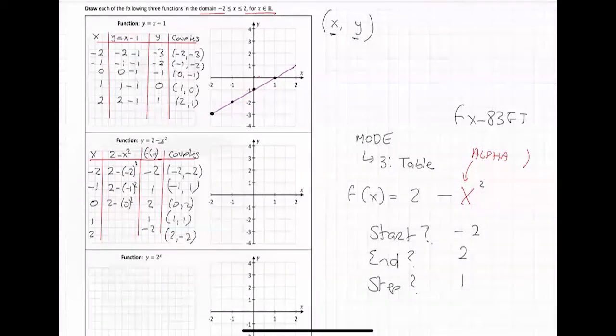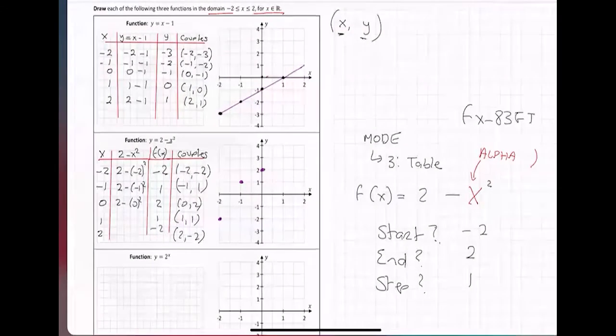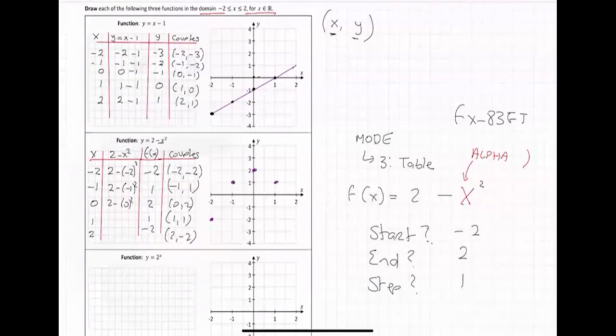Okay, so if I'm to plot these then, -2, -2 is here. -1, 1 is up here. 0, 2 is up here. 1, 1 is here. And 2, -2 is back down here.